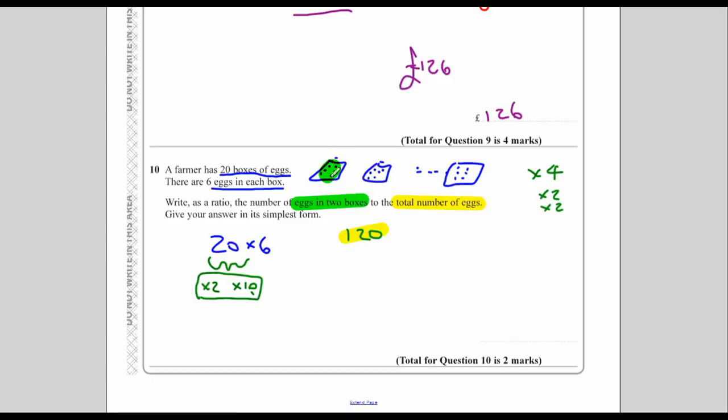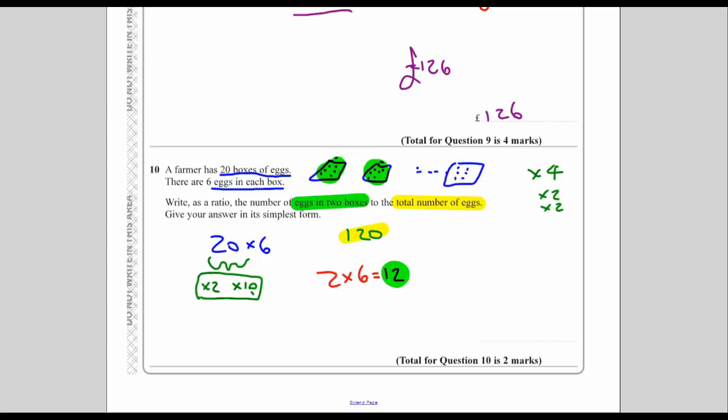So 1, 2. So that's 2 times 6. Okay, 2 times 6 is 12. So we want the ratio, which is just showing you how one number relates to another, of 12 to 120.